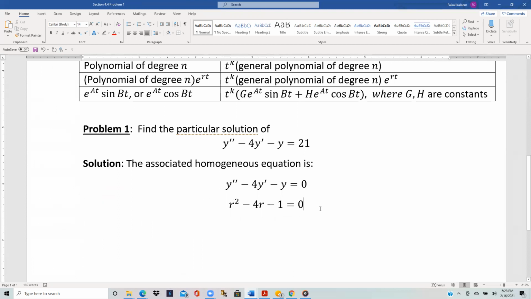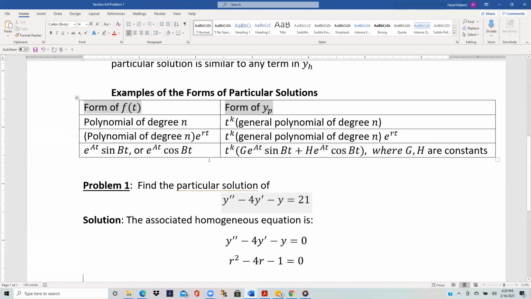And let's see what r will be. So now remember, we have a constant on the right hand side. So this is the f of t. In this case, f of t is 21. And as we said here, if it's a polynomial of degree n, so 21 is just a polynomial of degree 0. So the most general polynomial of degree 0 is a constant.